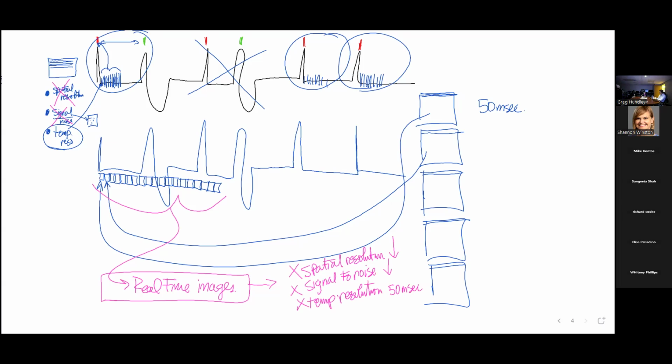When would we want to have a temporal resolution lower than 50 milliseconds? If we were looking at things like strain change, diastolic relaxation. When we want to get a really high fidelity measurement, we're kind of limited.